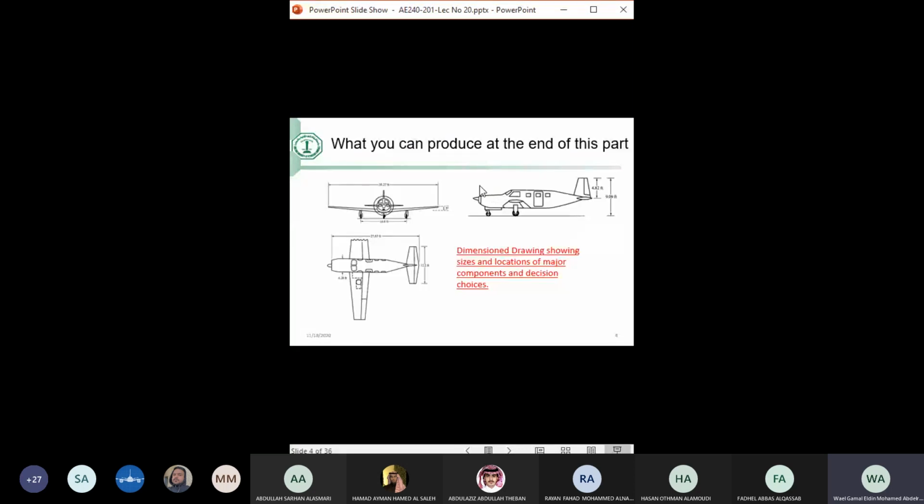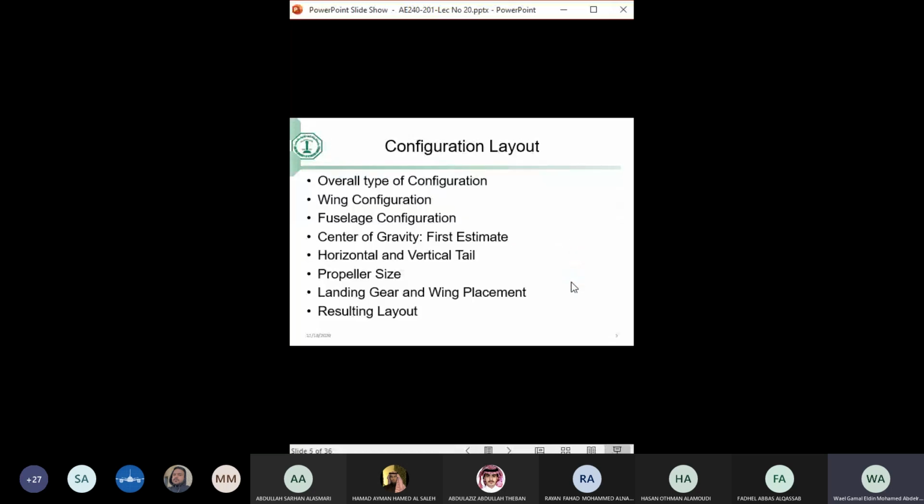The size of the engine is important because it will tell me, can I put it in the back or in the front, or maybe I will have 2 engines underneath the wings or attached to the fuselage. So that's a decision that needs to be made.